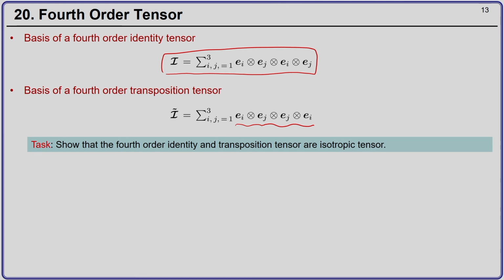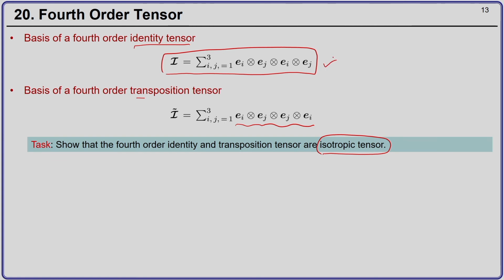Okay. Now, you can show that both of these fourth order tensors, the identity tensor and the transposition tensor, are isotropic tensors. So, as you would remember, an isotropic tensor is one whose components do not change with the change in the basis. Once you rotate the basis or your coordinate system, the components of the tensor do not change. Okay.